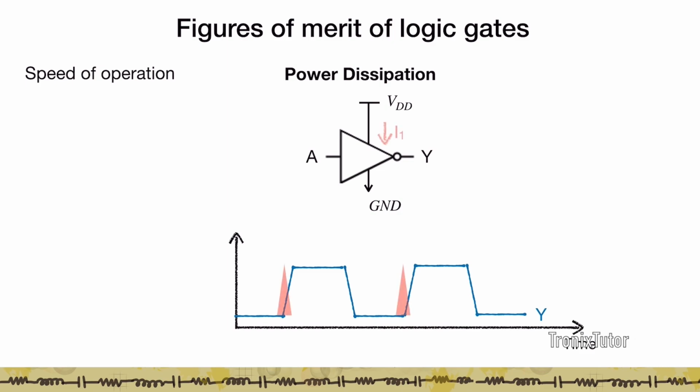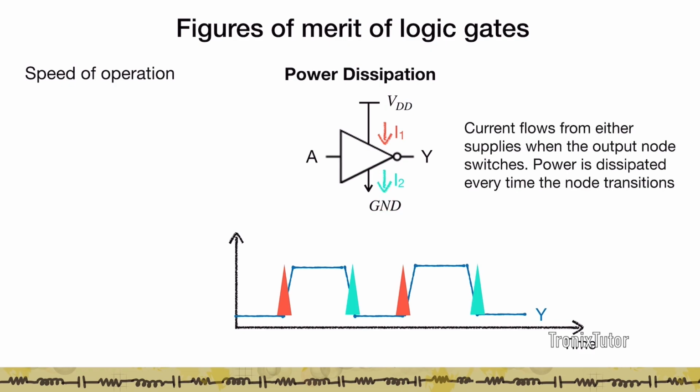If you look at Y as it transitions between 0 and 1 in a CMOS gate, you'll see that power is burnt because current is pulled from VDD during the rising transition and current flows to ground during the falling transition.